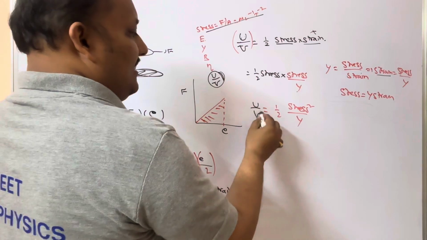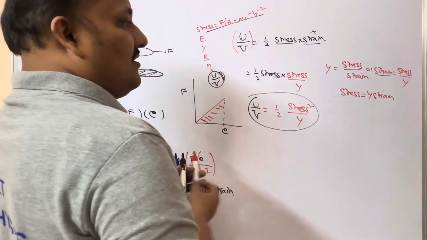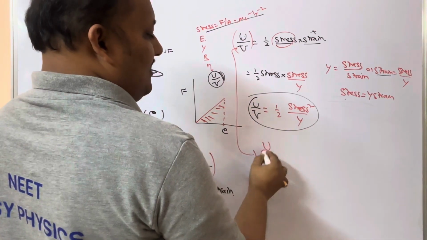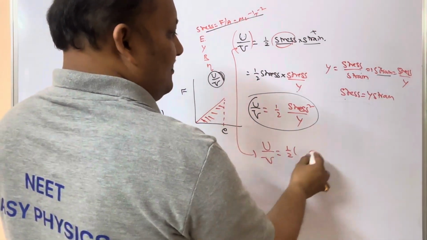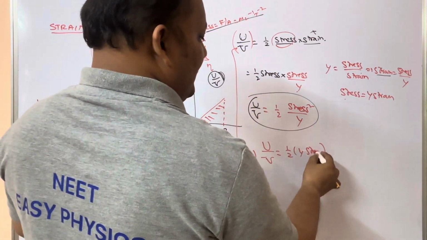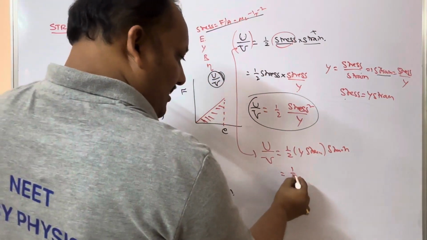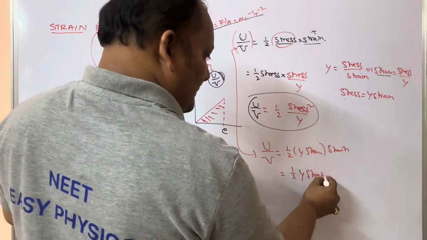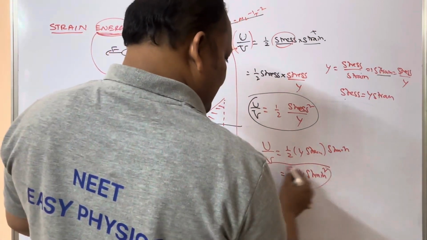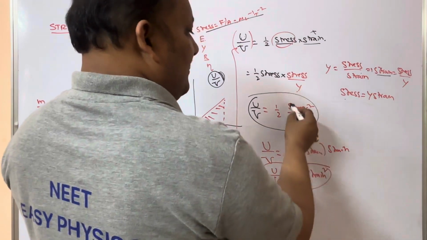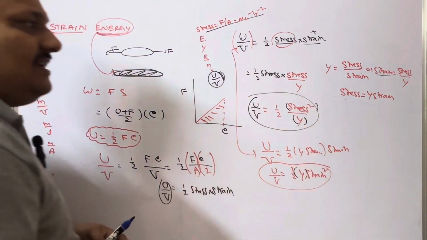This is the energy density formula. If you want to eliminate stress, then U by V is equal to half Y into strain into strain, therefore half Y strain square. Whenever strain is present, Y is in the numerator. Whenever stress is present, Y is in the denominator.